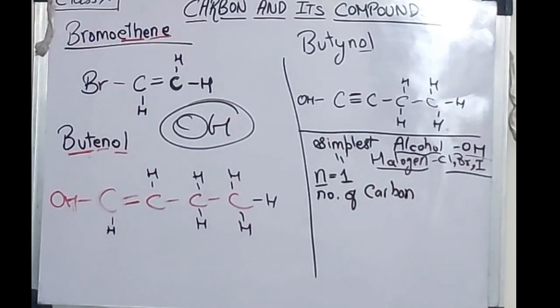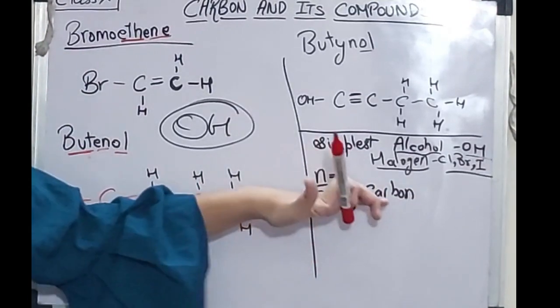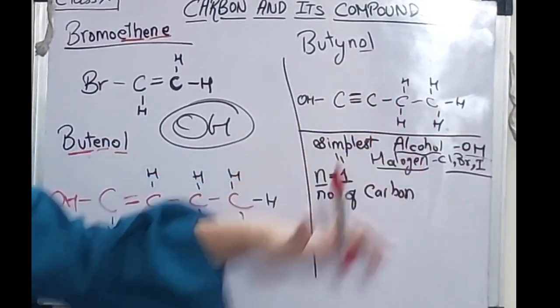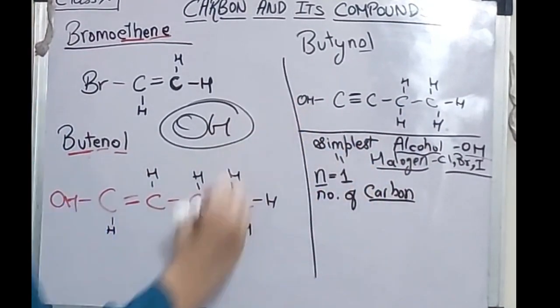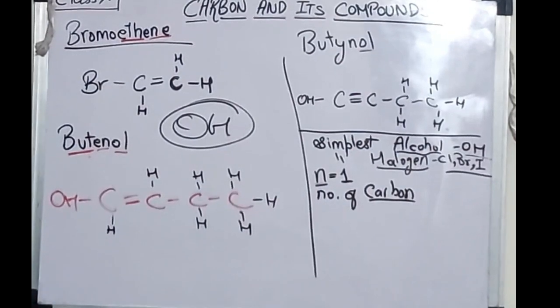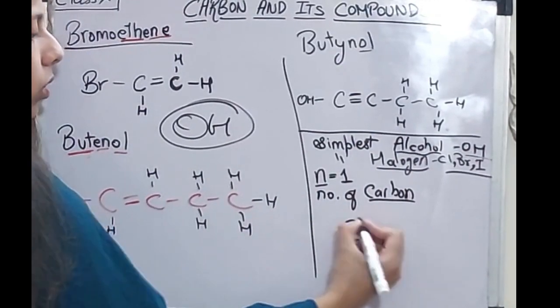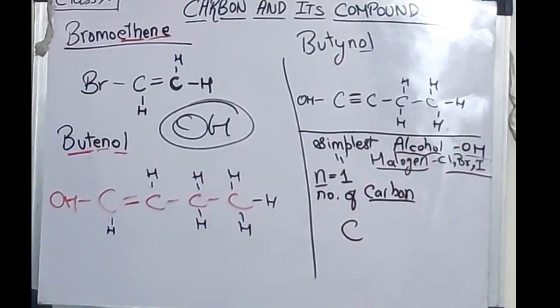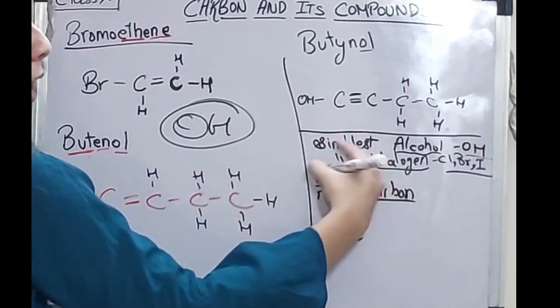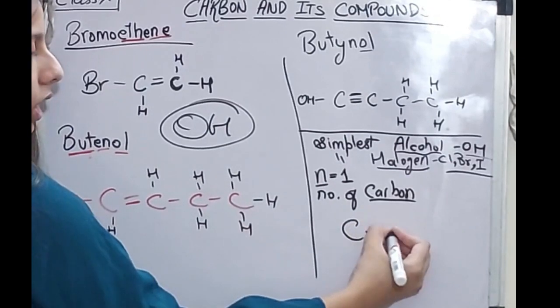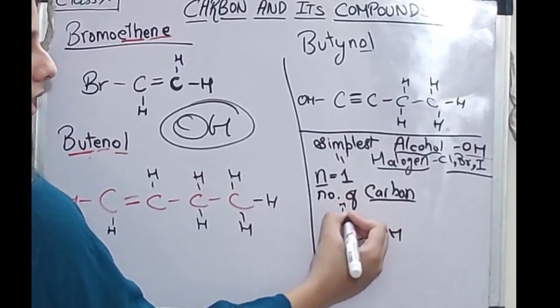Again I am telling you how to find the simplest alcohol or simplest halogen. You will take the number of carbons as 1. Number of carbon 1 means draw one carbon and then just put your functional group. Like I wanted the simplest alcohol, so C, OH, and then fill the valency.